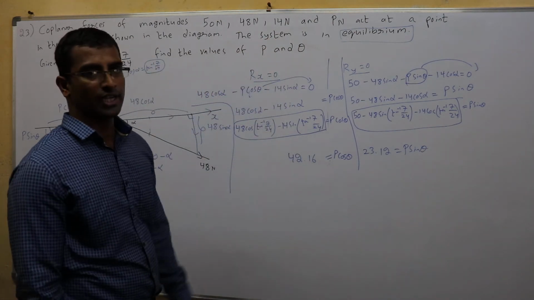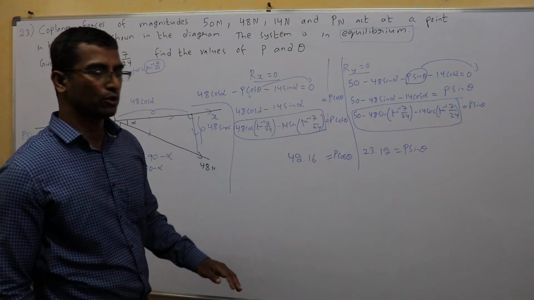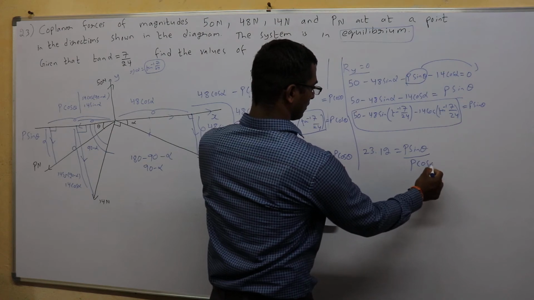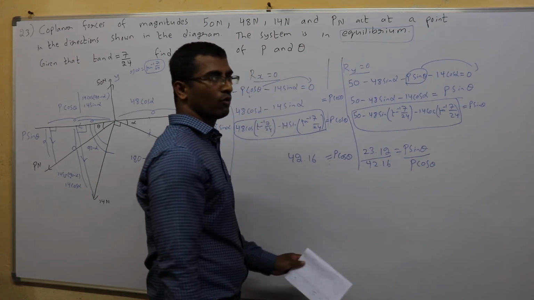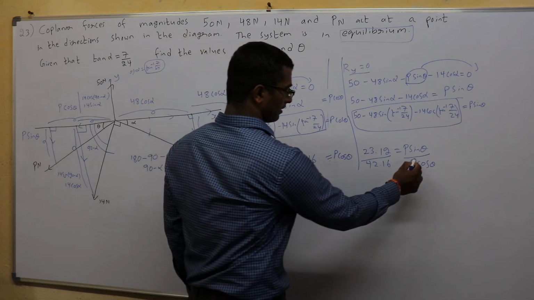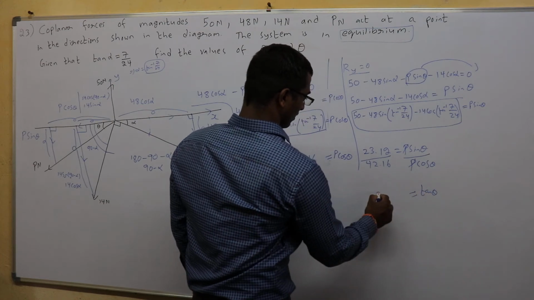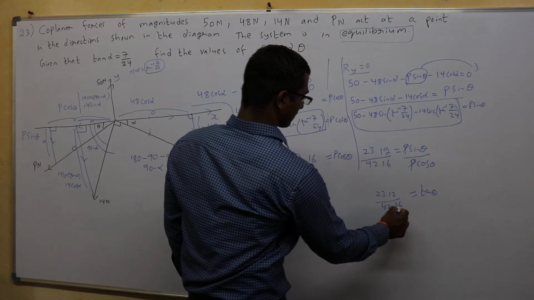Now using these two I need to find the value of P and theta. I divide the both. So below this I write P cos theta and on the other side as well 42.16. What gets cancelled? P. So here it is tan theta equal to 23.12 by 42.16.